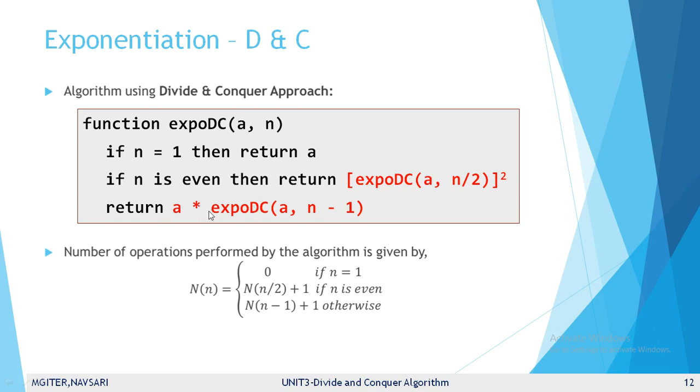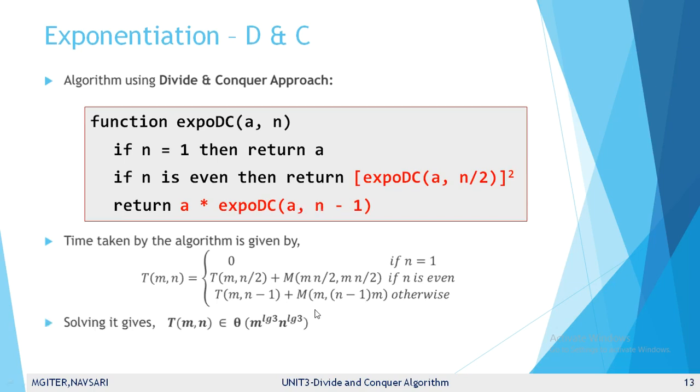Otherwise it returns a into exponential of a comma n minus 1. So we write here the number of operations performed by the algorithm. If n equals 1, then 0 operations are performed. If n is even, then n by 2 plus 1. Otherwise n minus 1 plus 1.